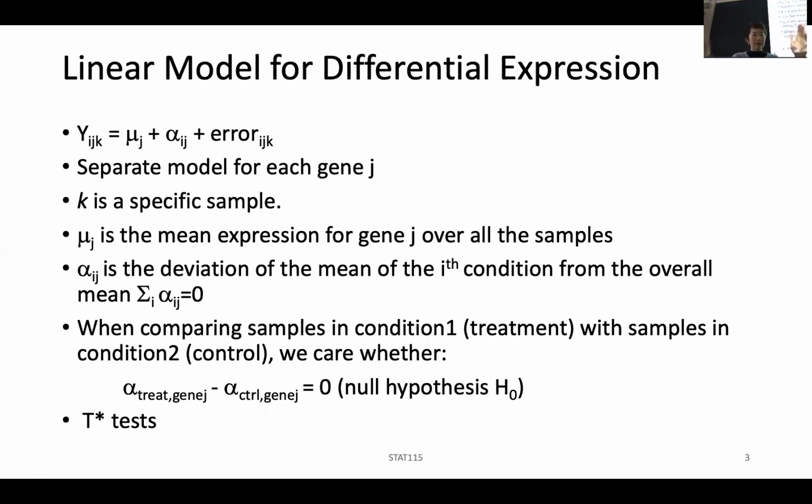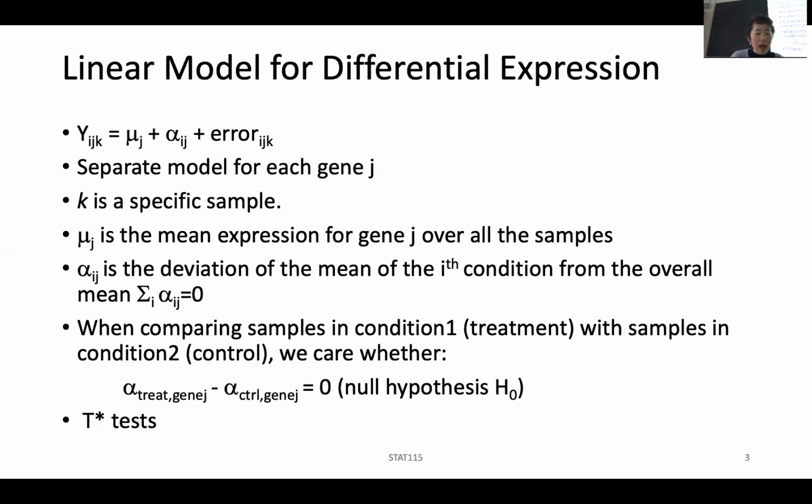You can imagine after you get the expression level quantification, you take the log, you get a matrix. The rows are usually the different genes, and the columns are the different samples. You can look at each gene and calculate the mean of this gene over all the samples. That's roughly how much this gene is expressed. And alpha is the deviation from the mean for a particular condition.